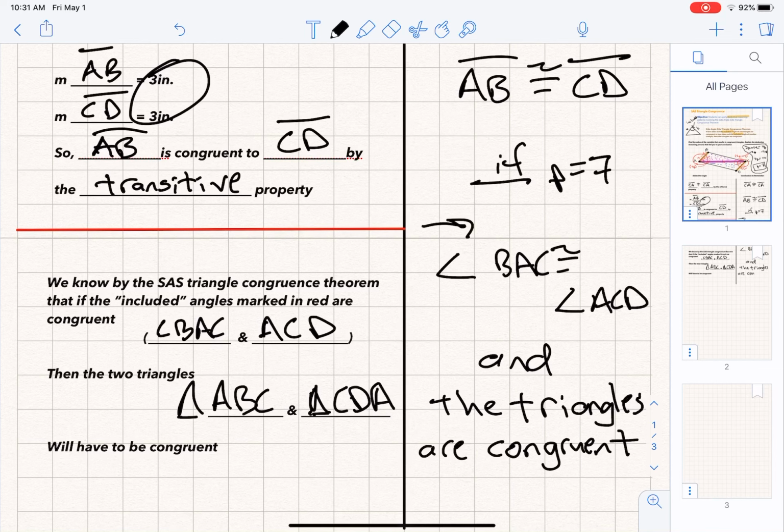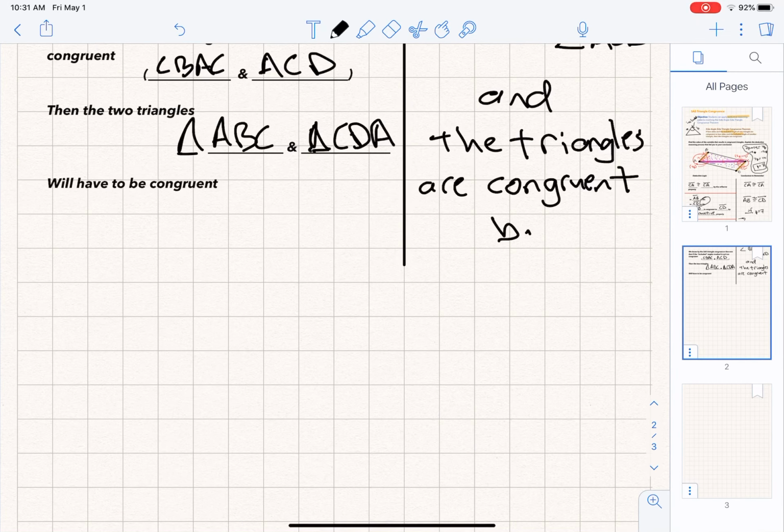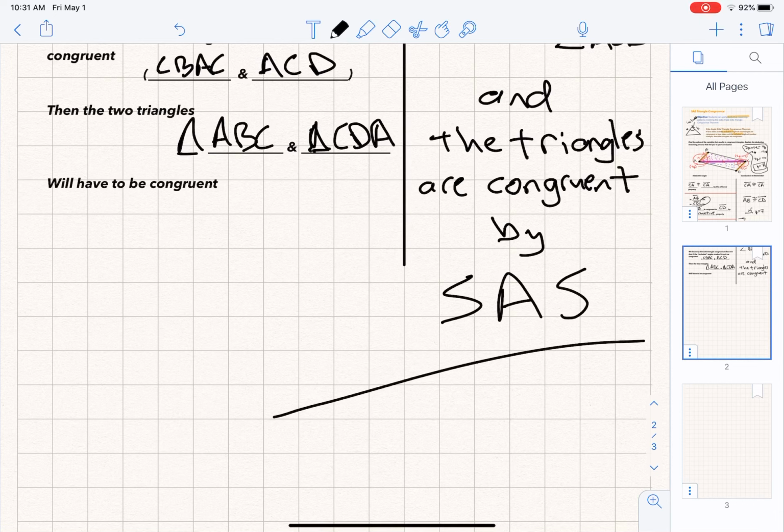You said it. By side angle side. That's it. Fun work with deductive reasoning. Have fun with this lesson.